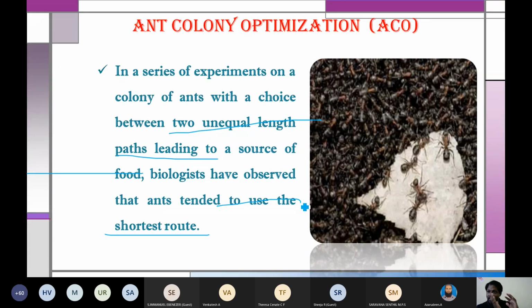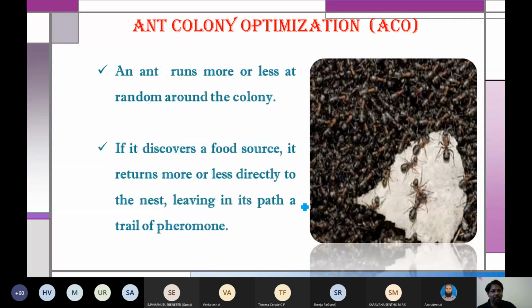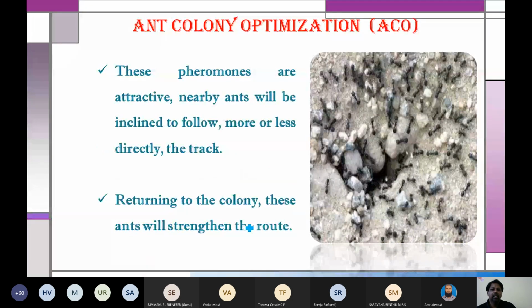Even though they have a lot of paths, the ants will go only through the shortest path. How is this happening? That's because of the pheromone trail which is deposited when they move along the path, leaving the pheromone trail behind.